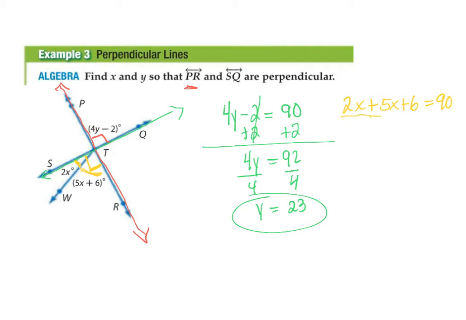So now I'm going to combine like terms and solve for x. So minus 6 on both sides. 7x is going to equal 84. Divide by 7. X will equal 12. And now I have the value of x and y.